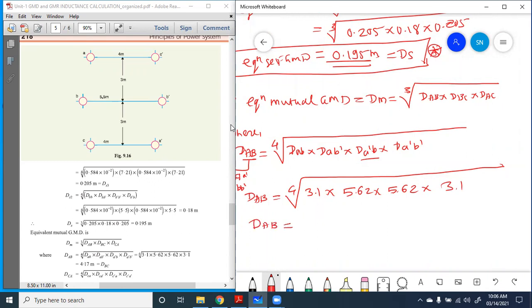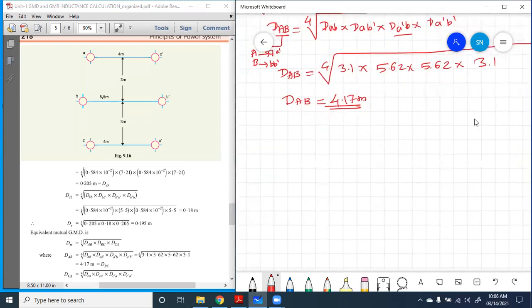So DAB is equal to 4.17 meter after calculating on the calculator.